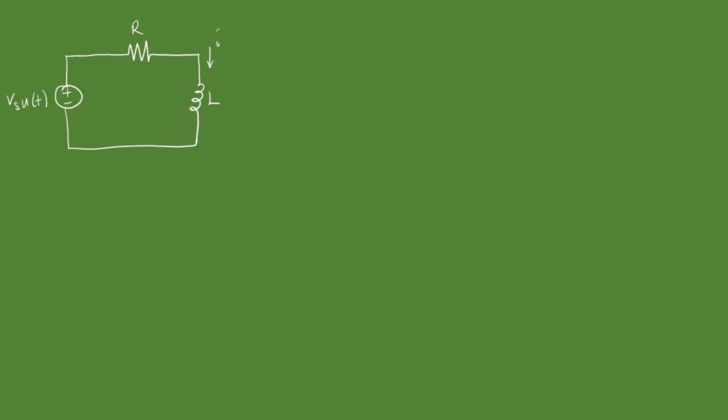So what do we know? We know how this RL circuit is going to respond once we apply a source. If we watch this over time, we're going to have a decaying exponential, and then it's going to even out at a particular value.